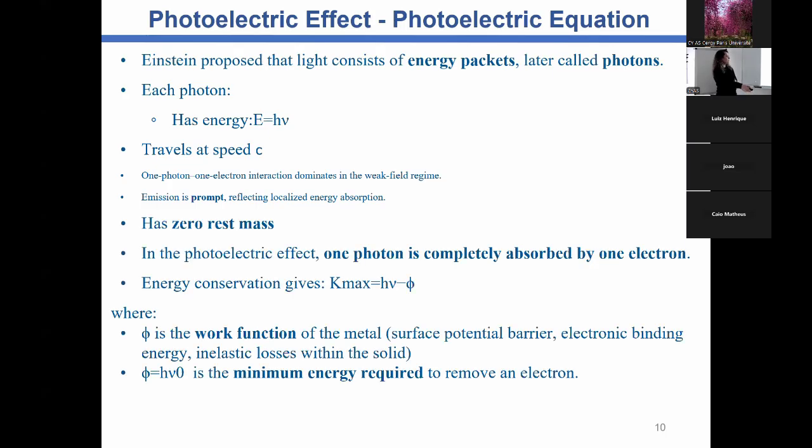So in this way, to continue with the quantum world, we must change how we see light. This was the first proposition of Einstein, that we could see light as energy packets.